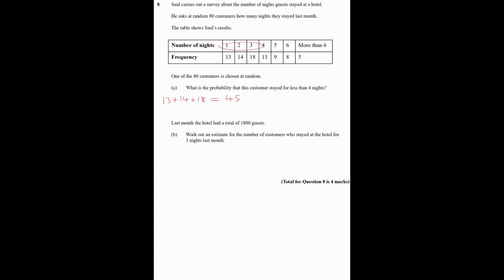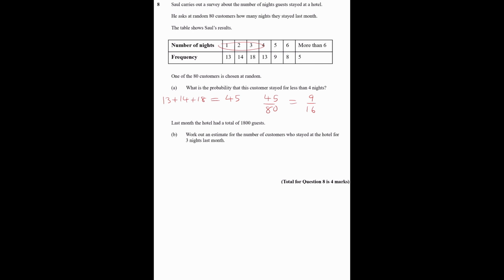So the probability that this customer stayed for less than 4 nights is 45 out of 80. But we want to simplify this, and that becomes 9/16.